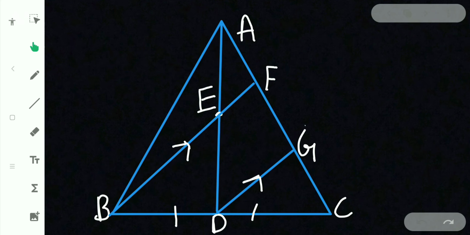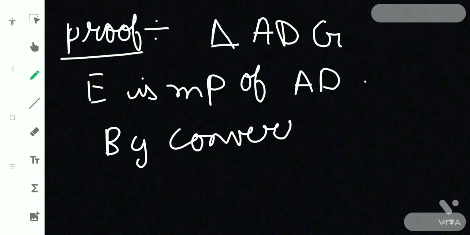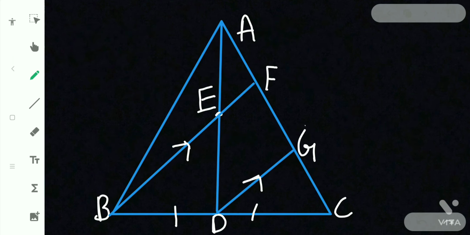So in this triangle, this is midpoint and a line is drawn to another side parallel to the third side. So here we can apply the converse of midpoint theorem. By converse of midpoint theorem, EF bisects AG.